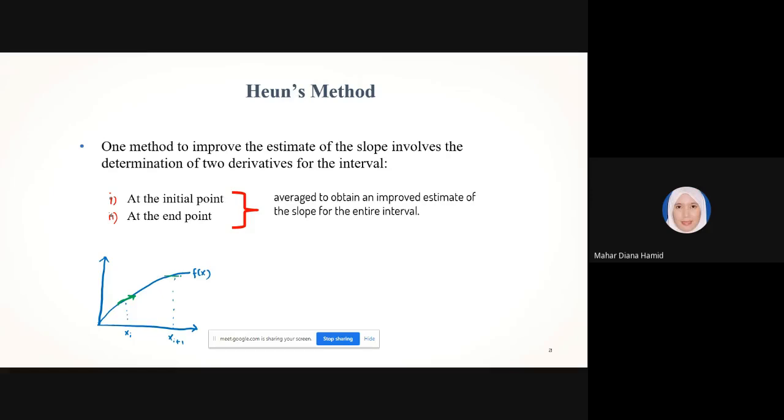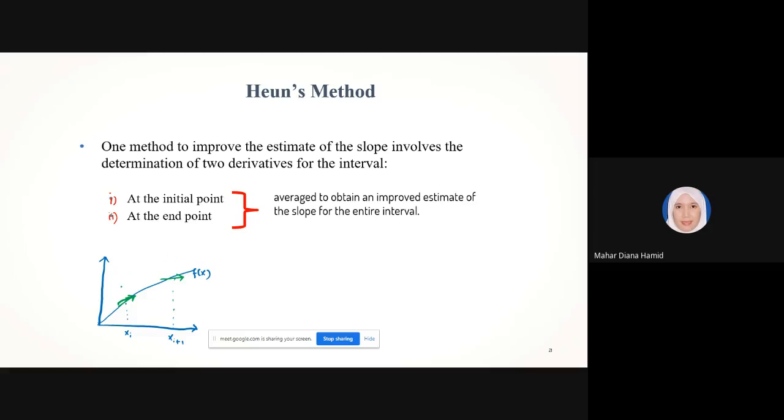So the first derivative should be something like this, and then the slope. We are going to have two slopes, and then these two derivatives are averaged.